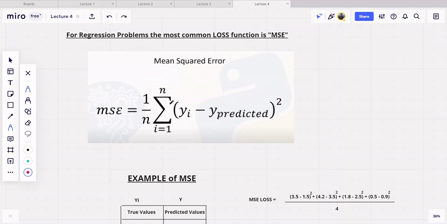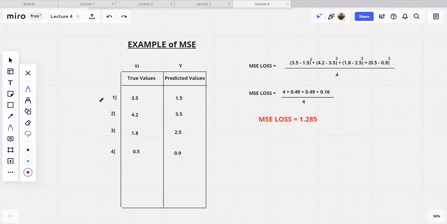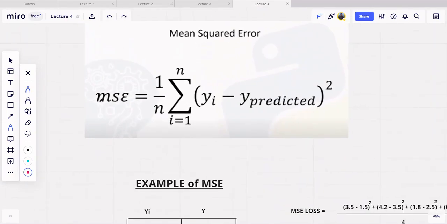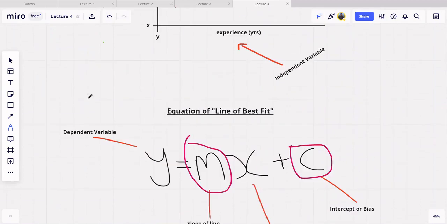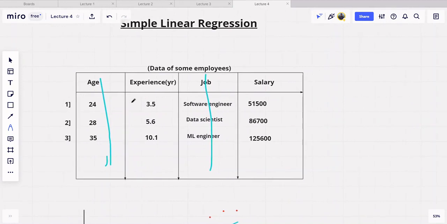The formula is very easy. Here y predicted represents the value predicted by the machine learning algorithm, whereas y represents the actual value of that particular data. So for example, let's say we gave the linear regression model an experience value of 3.5 years.